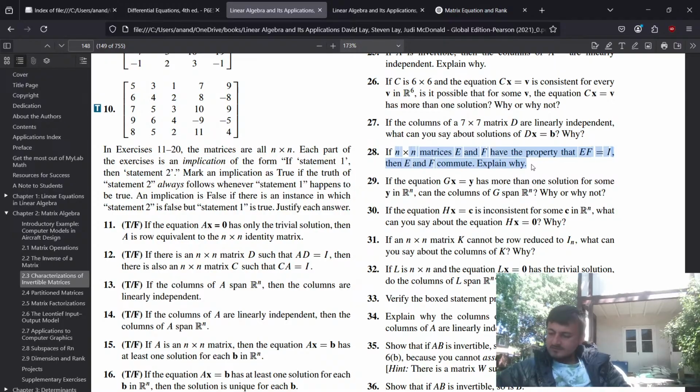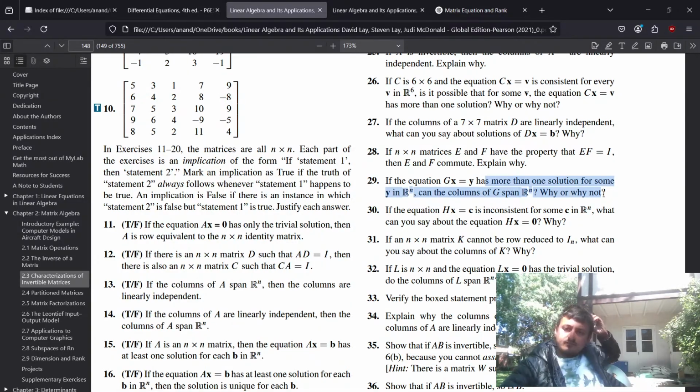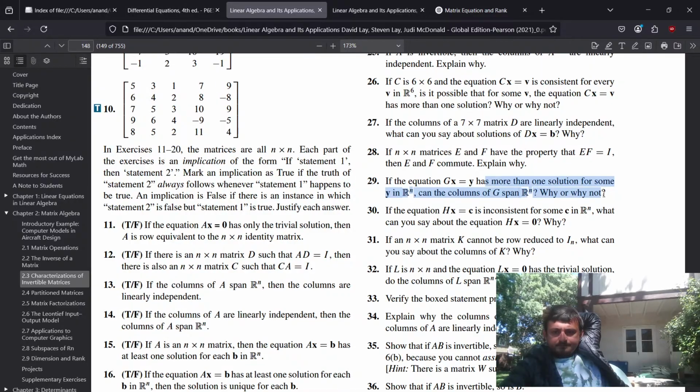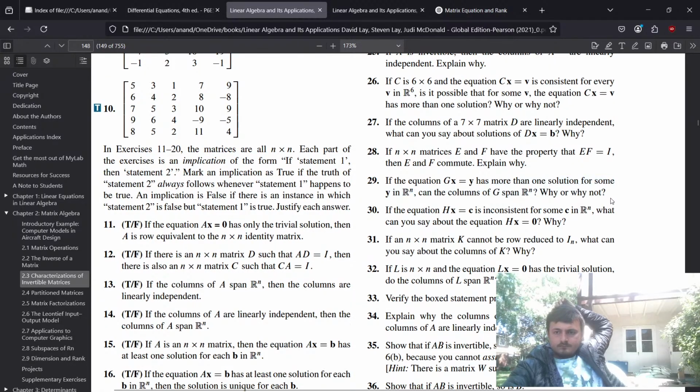Okay, that's obvious. 29. If Gx equal to Y has more than one solution for some Y in Rn, can the columns of G span Rn? Yeah, of course they can. Why wouldn't they be able to do that? Of course they can.